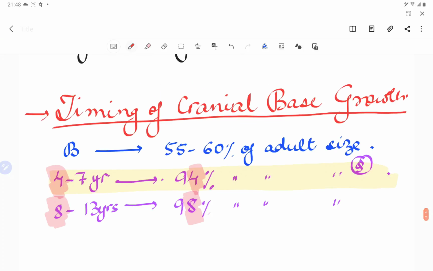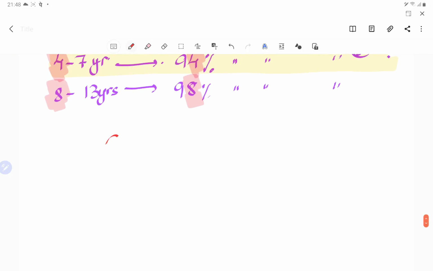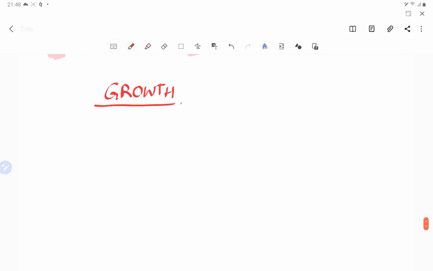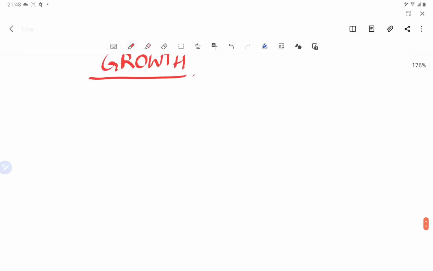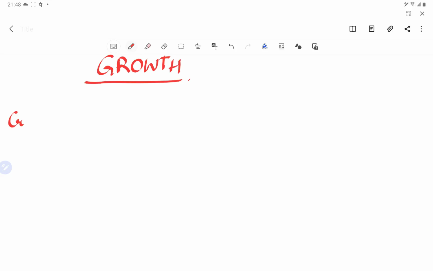So next we are going to talk about growth in general. So let's talk about the percentage. By how many years, what percentage of growth occurs where? So the cranium, the maxilla, and the mandible.